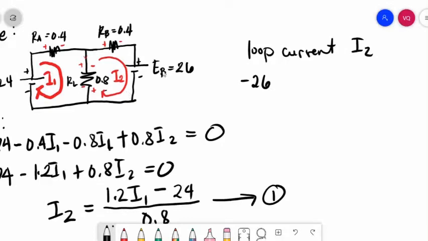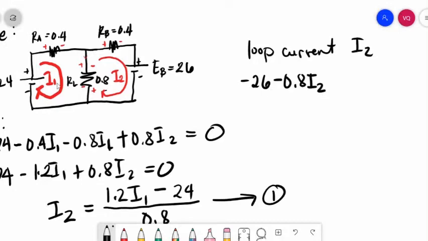And then loop current I2 entering a positive sign, this side here for loop current I2. The other side was in loop current I1. So loop current I2 entering the positive sign of RL, so we have a negative 0.8 I2.